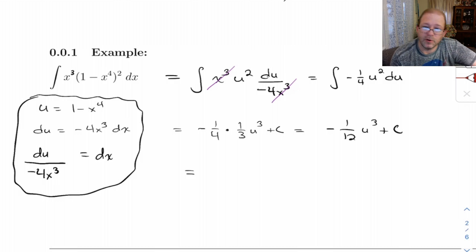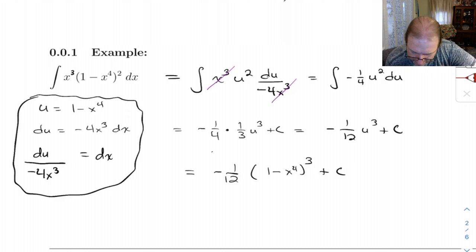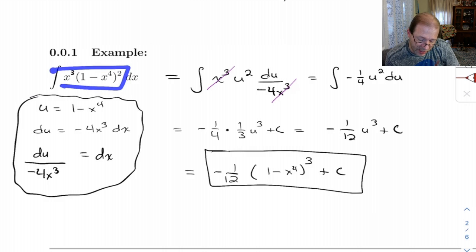And then the last step, don't forget to do this, put it back in terms of x. So u is equal to 1 minus x to the 4th. So my last step is going to be to rewrite this as minus 1/12, 1 minus x to the 4th, cubed plus c. And that's it. Now, if you wanted to, you could take the derivative of this to check it. And the derivative should give you exactly this.